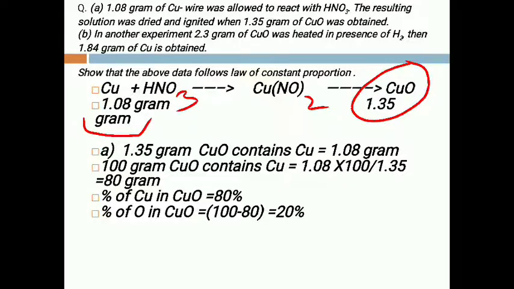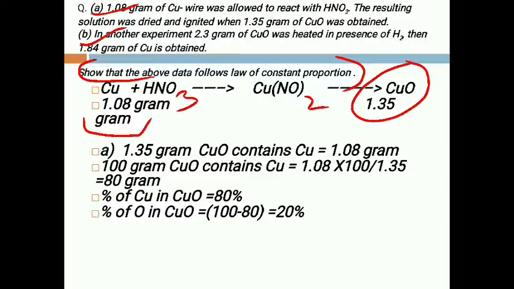So basically the question is talking about two different methods about CuO. In the first method it is actually a product, but in the second method, you can read the statement, it is actually the reactant. So in the end the question says to show that this data obeys the law of definite proportion. Okay, so how to solve this now?